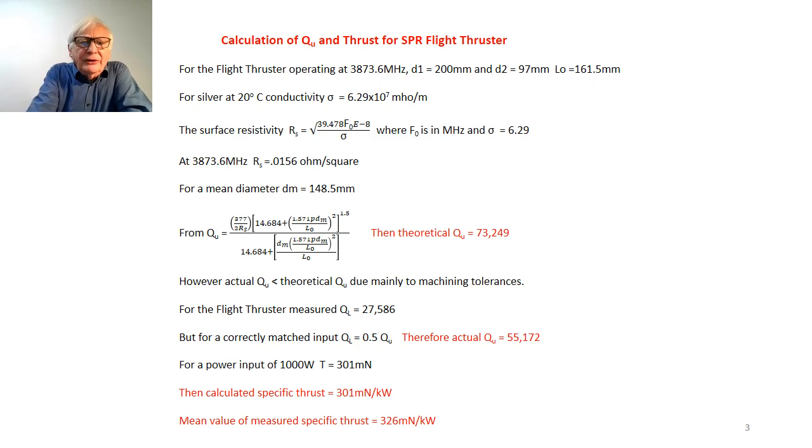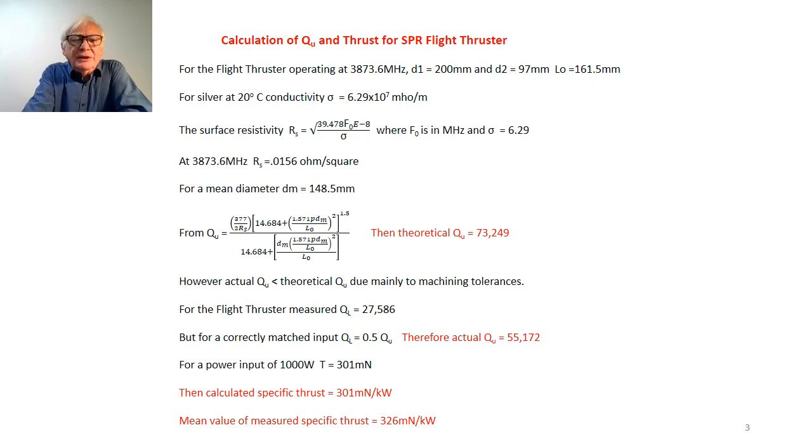And if we've got the input matched correctly, we've already seen that the loaded Q, what we're actually measuring at the input of the cavity itself, is half the unloaded Q. Therefore, the actual unloaded Q of the cavity is 55,172.